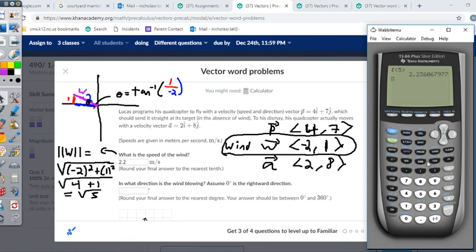I take the inverse tangent of 1 divided by -2. And that's going to be -26.5. That's what the calculator output. What that's really saying is that this angle right here is 26.5.